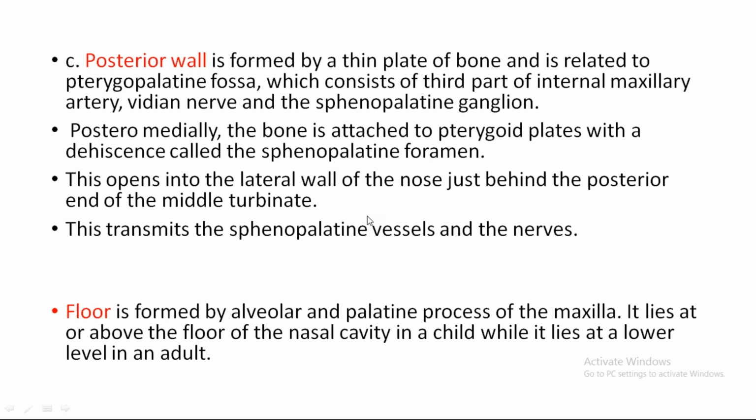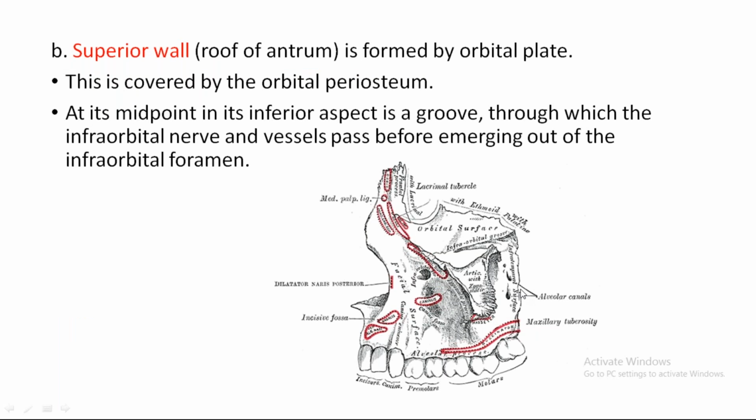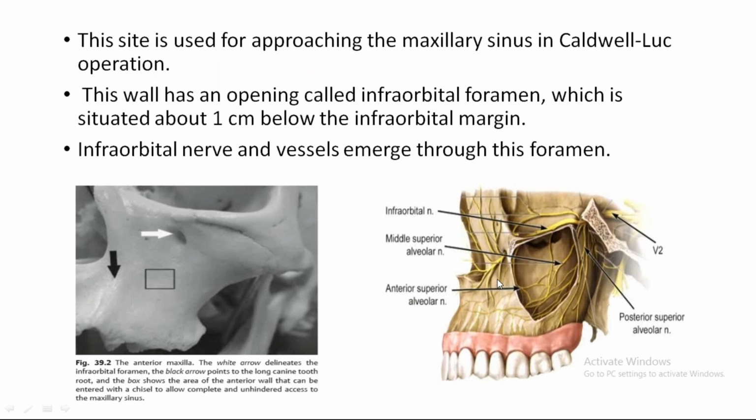So the lateral posterior attachment, if I can show you somewhere here, you can see these are the lateral pterygoid plates. Then you have another one, the medial pterygoid plates. These get attached to the maxillary sinus, but still you can see there is an opening here that is called the sphenopalatine foramen.